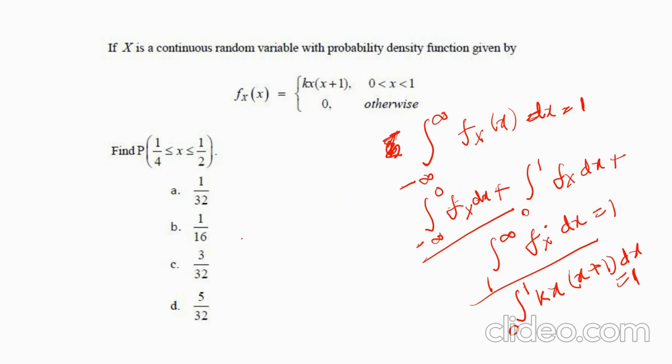So we will have k times the integral from 0 to 1 of (x square plus x) dx is equal to 1. Find k from here. This is, I think, simple integration. So you can do that.